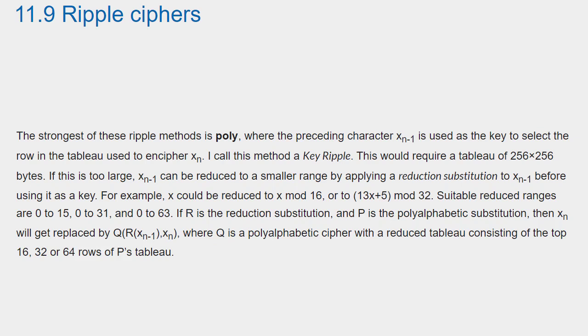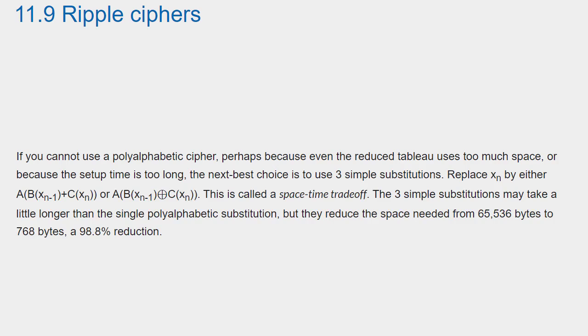If R is the reduction substitution and P is the polyalphabetic substitution, then xn will get replaced by this, where Q is a polyalphabetic cipher with a reduced tableau consisting of the top 16, 32 or 64 rows of P's tableau. If you cannot use a polyalphabetic cipher, perhaps because even the reduced tableau uses too much space, or because the setup time is too long, the next best choice is to use 3 simple substitutions.